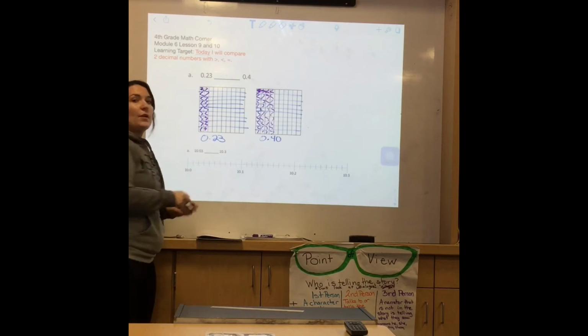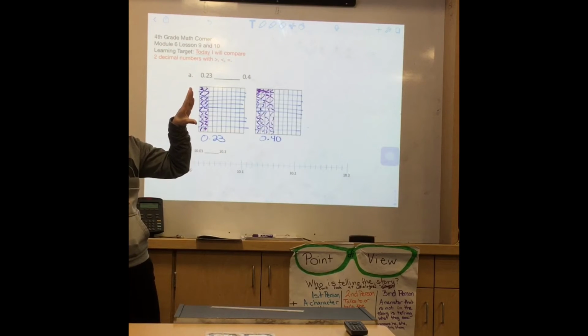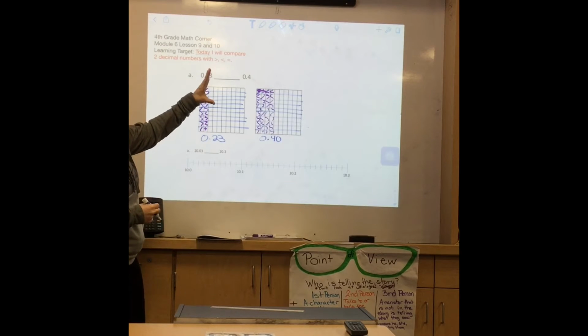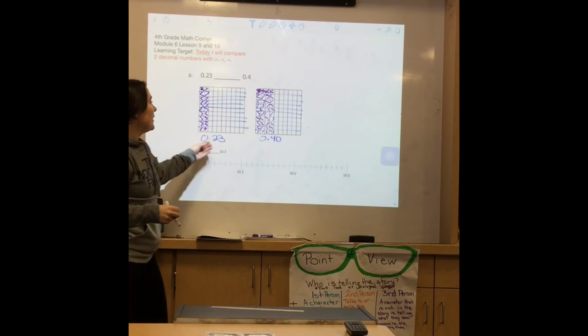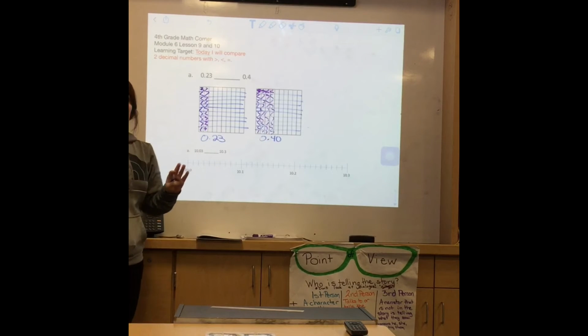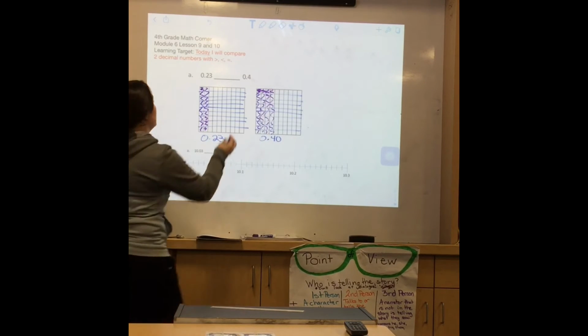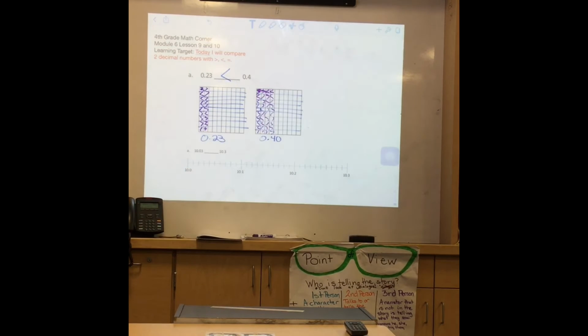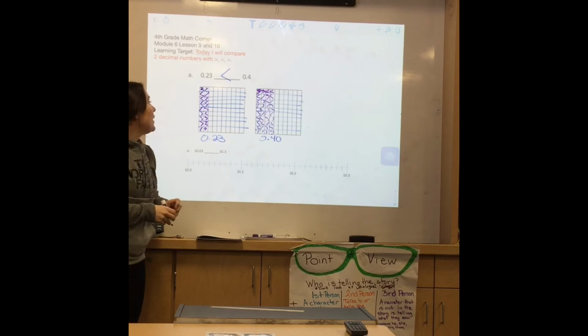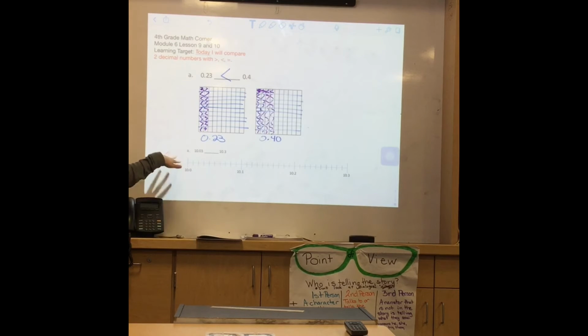Okay, so I'm going to make my alligator. It's actually our sign, but we're going to make our alligator go towards the bigger number. So if we look here, we know that the number that's taking up the most space is going to be our 0 and 40 hundredths.